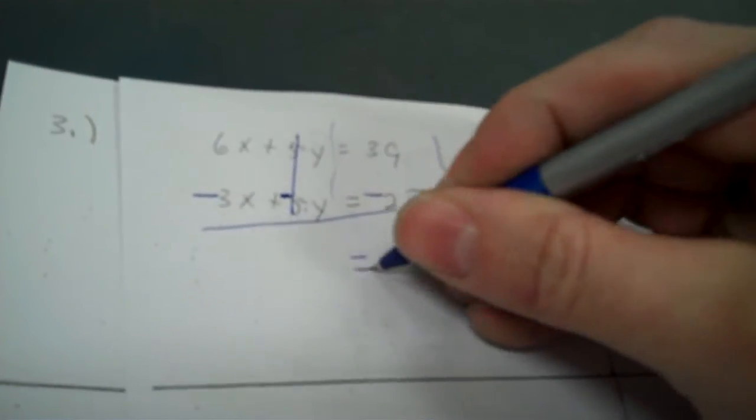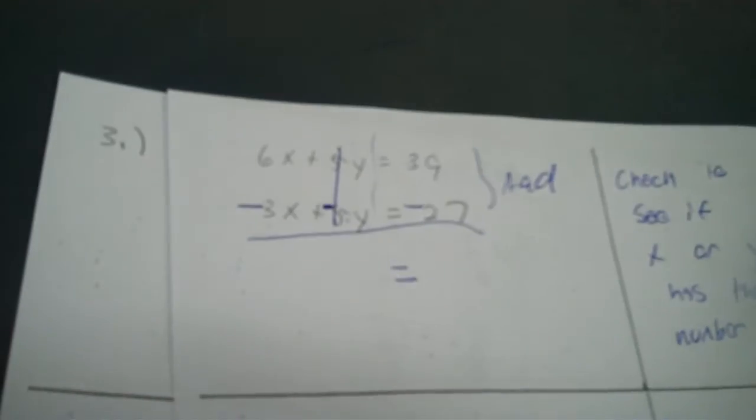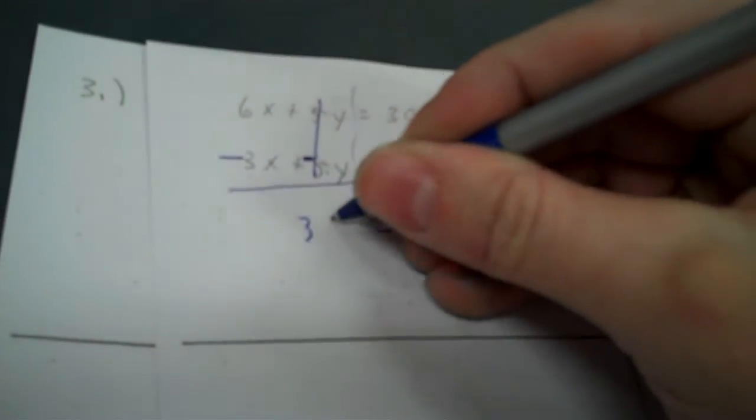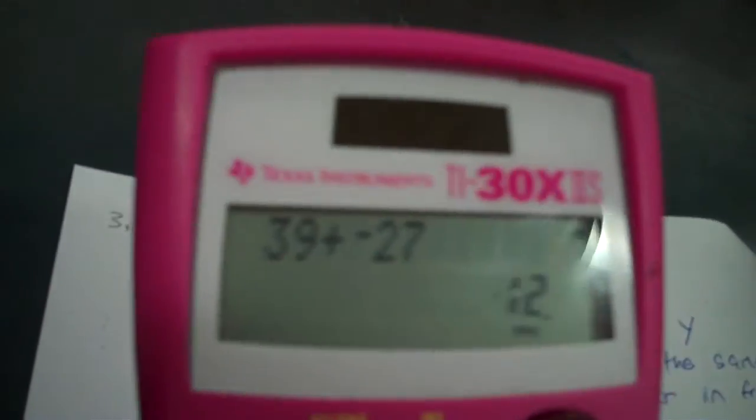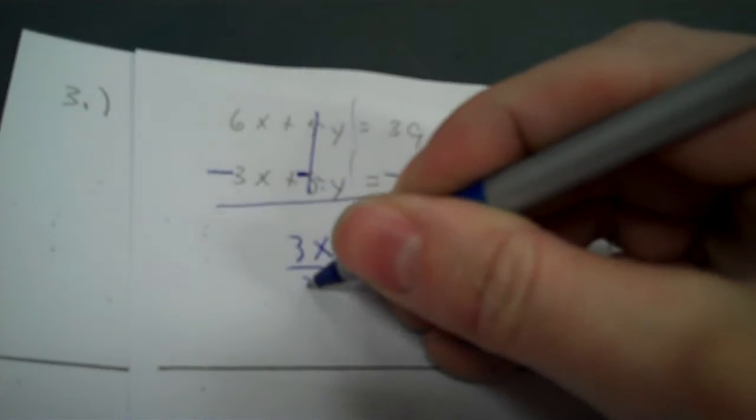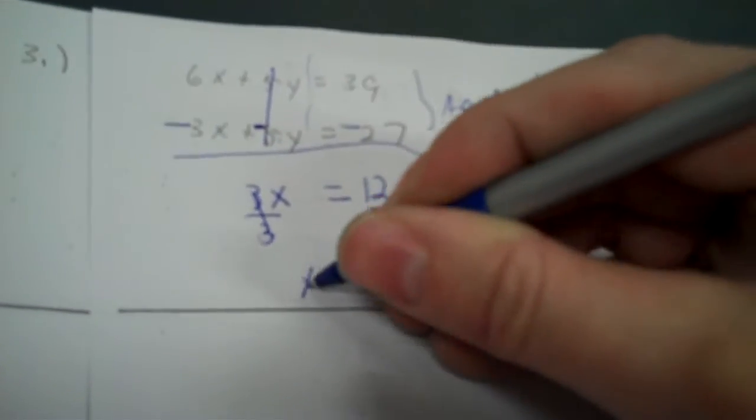See ya. Now when I add, I got to remember these are now negatives. So 6 plus negative 3 is 3. That'll be 3x. And then 39 plus negative 27 is 12. Just like that. Now divide by 3 and you have your answer. That would be 4. So x is 4.